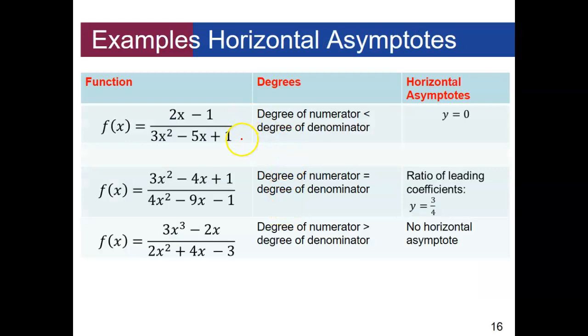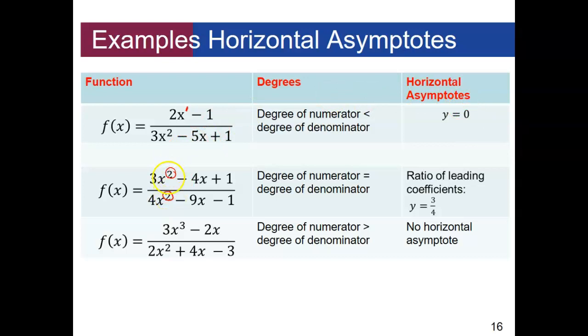So here's a couple examples. This one has a degree of 1 for the numerator and a degree of 2 for the denominator. So what that means is, since the degree of the numerator is less than the degree of the denominator, then we're going to have a horizontal asymptote at y equals 0. Here, the degree of the numerator is 2 and the degree of the denominator is 2.